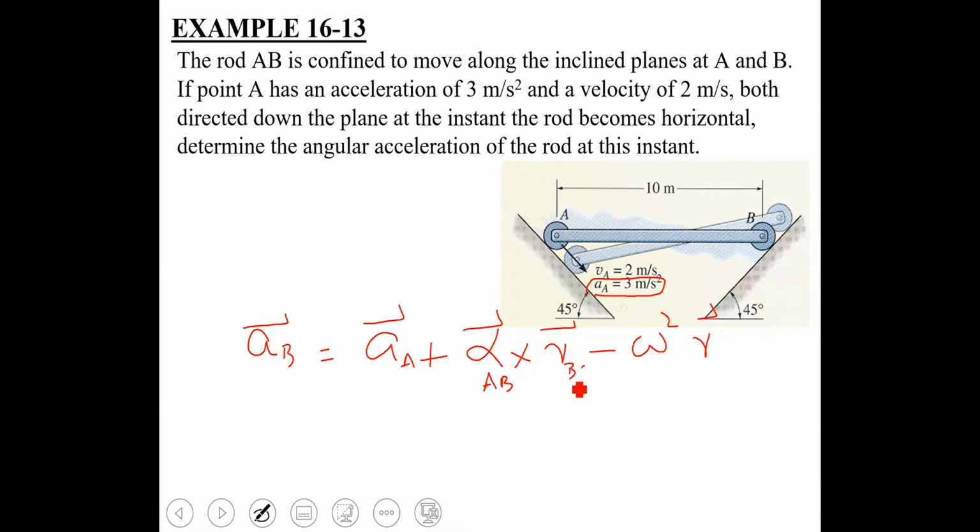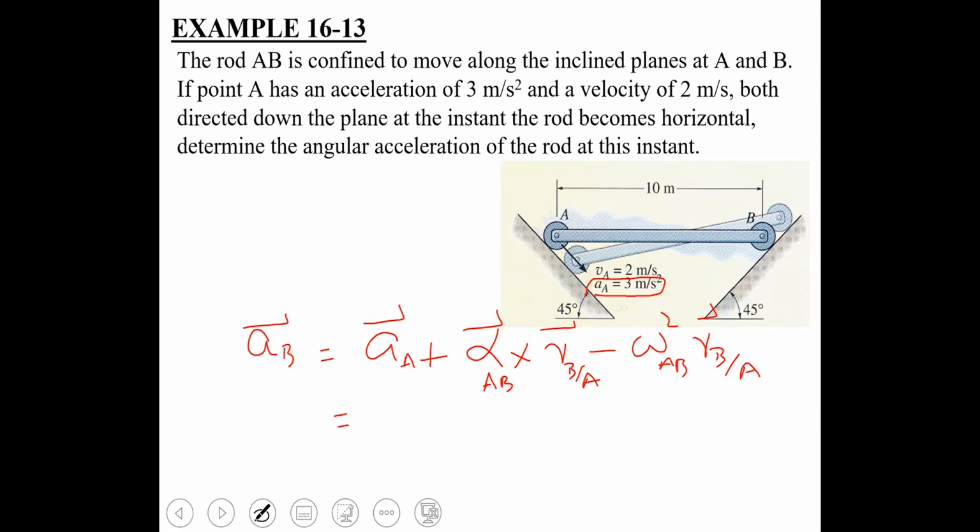R is going to be the relative position of B with respect to A, and omega is going to be the angular velocity of this link AB. So this is the relative acceleration equation being applied on link AB, which is in general plane motion, taking point A as our base point. Okay, we need to write all these things in terms of vectors.